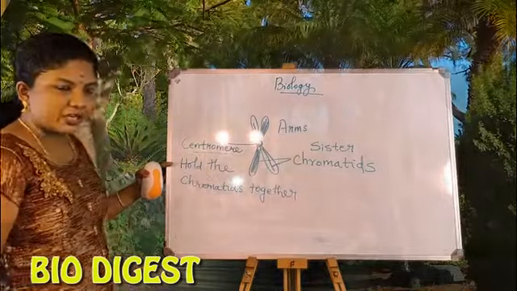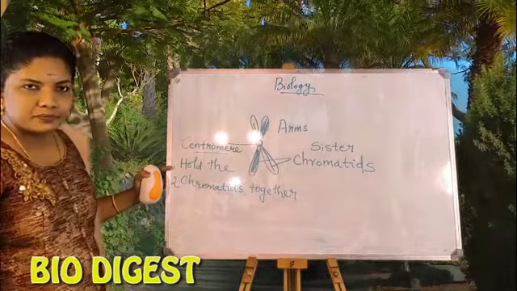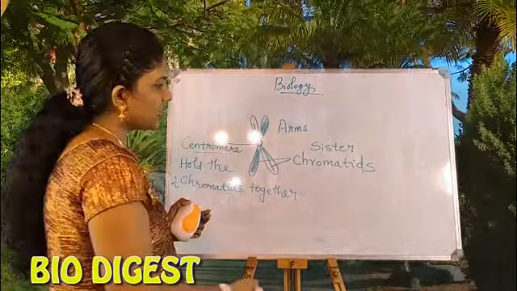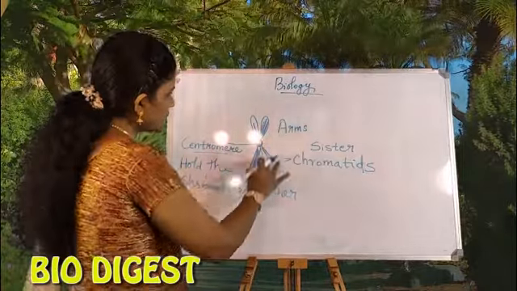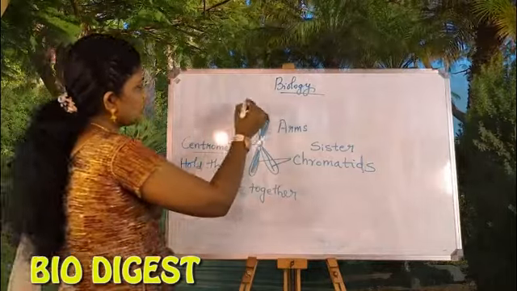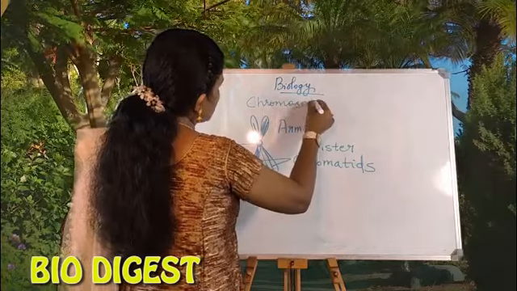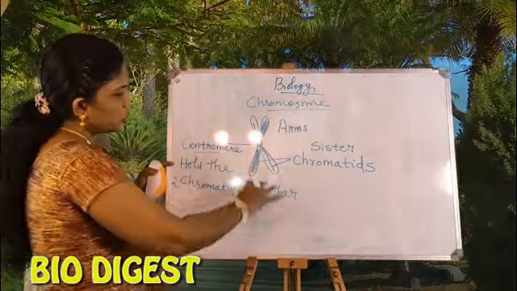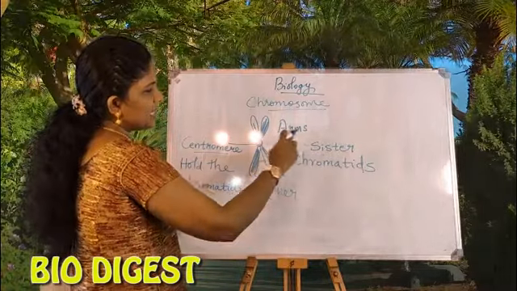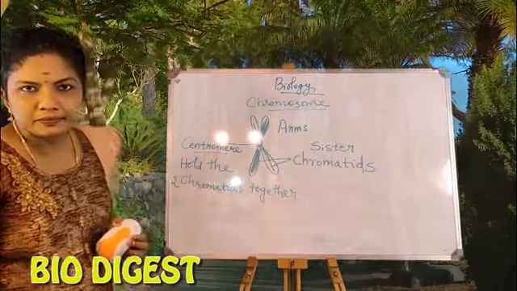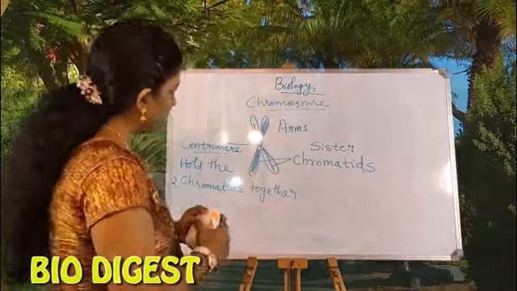It will hold the two chromatids together, or you can write it will hold the two arms of the chromosome together. That is the function of the centromere. So this is the structure of a chromosome. If you are asked to draw the structure of a chromosome, you just have to show the structure like this and label it like this: sister chromatids and centromere. So that is about the structure of a chromosome.